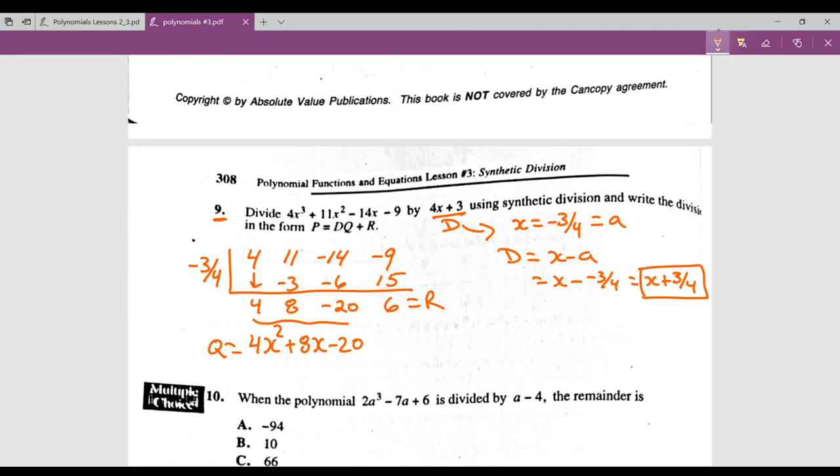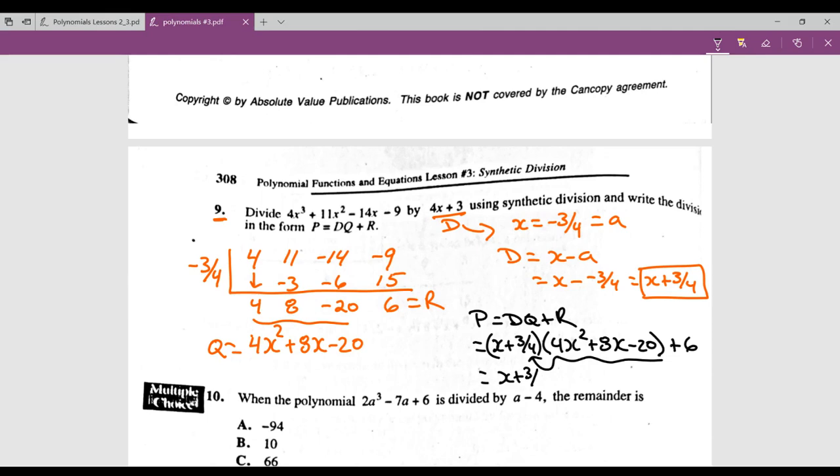So when we're going to write our final answer, we go d, x plus 3/4, times the quotient, plus the remainder. Now, the number that you factor out of your quotient should be the same as the denominator there. And it is in this case.